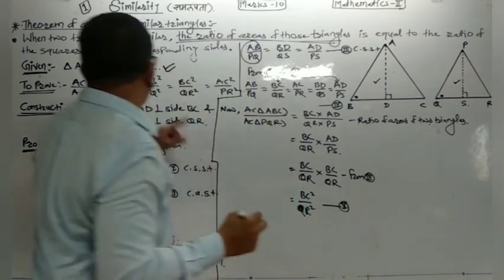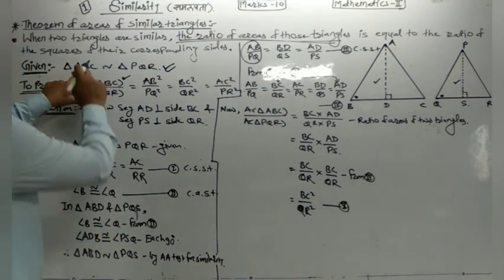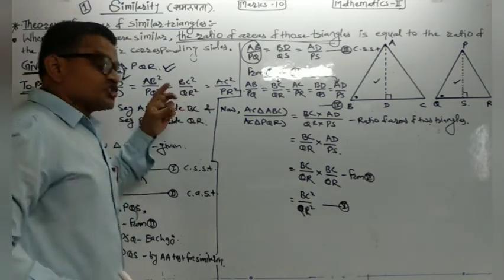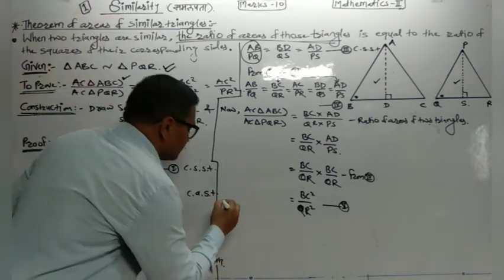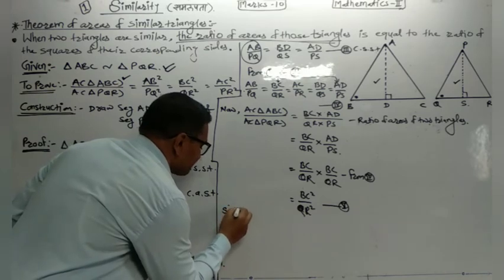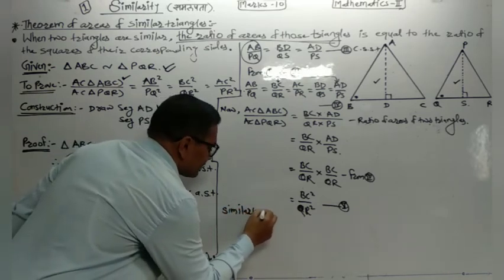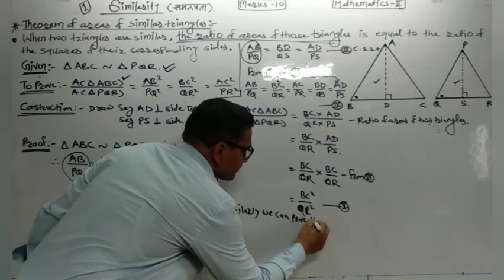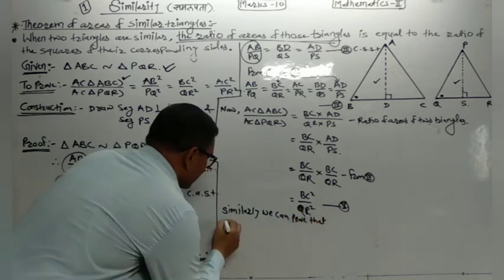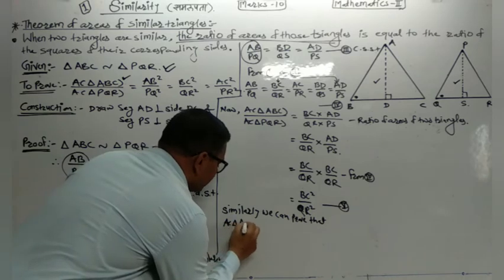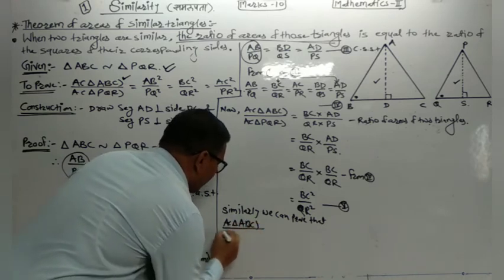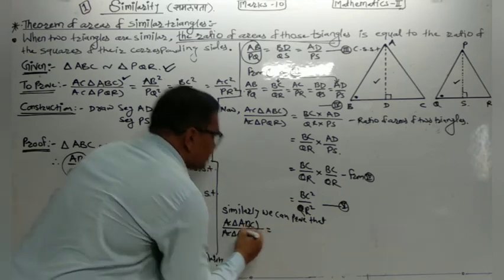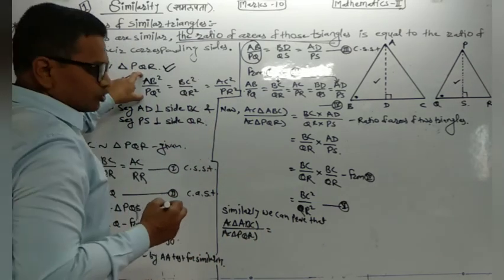Hence, we have found that the ratio of areas of two similar triangles equals the ratio of squares of their corresponding sides. Similarly, we can prove that area of triangle ABC divided by area of triangle PQR equals AB square by PQ square.